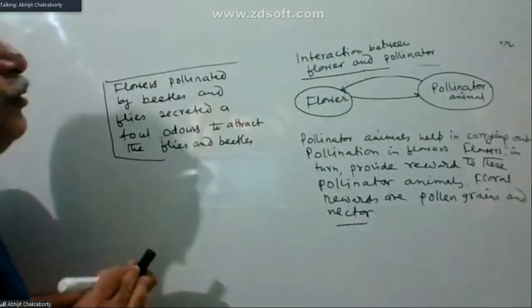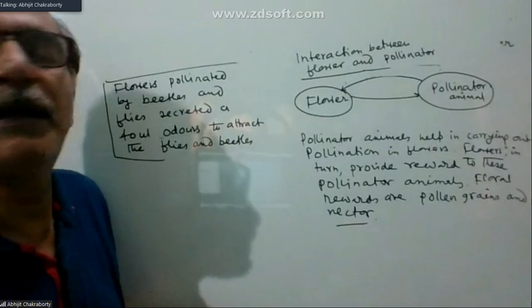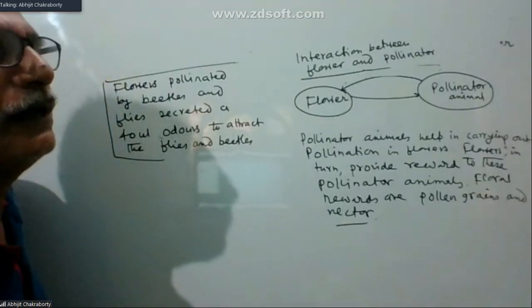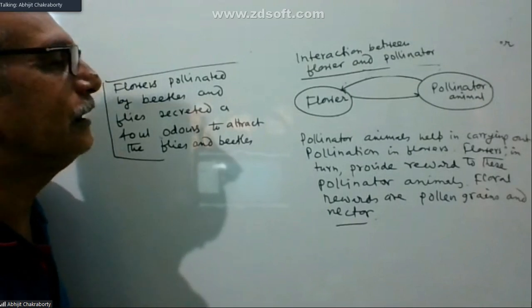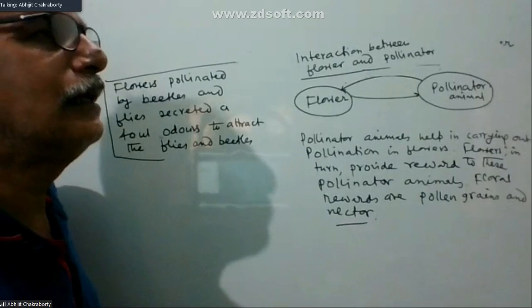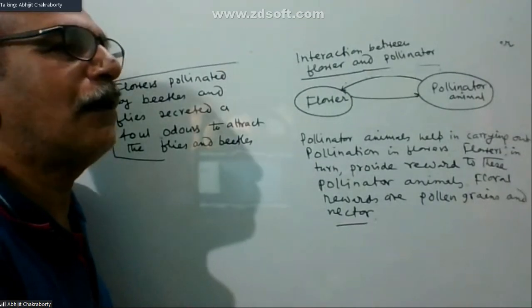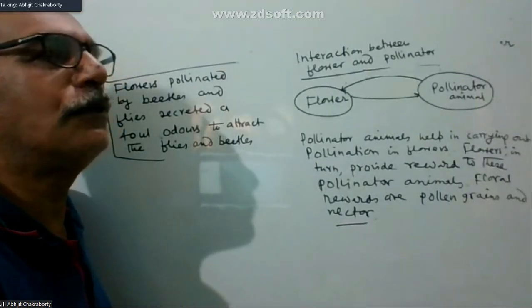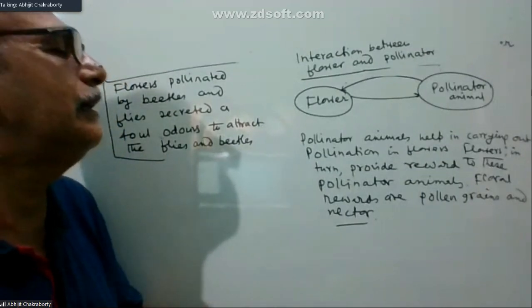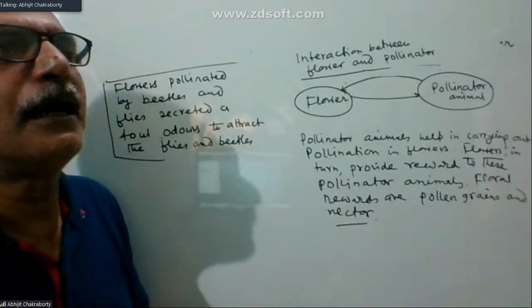Animals have to visit flowers for consuming pollen grains and nectar, and while visiting different flowers, they help in pollination. So that these animals can continue to visit, flowers provide them with the reward, and here the reward is the pollen grains, and the other reward, the nectar.